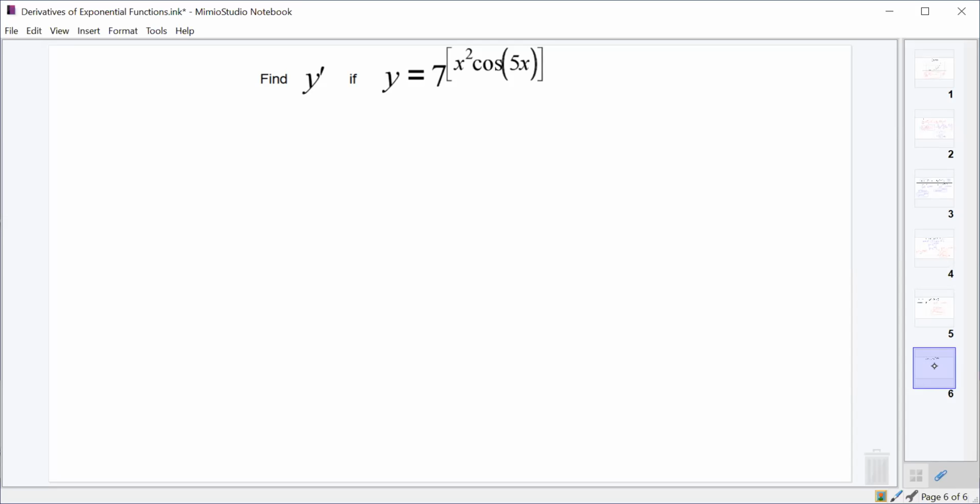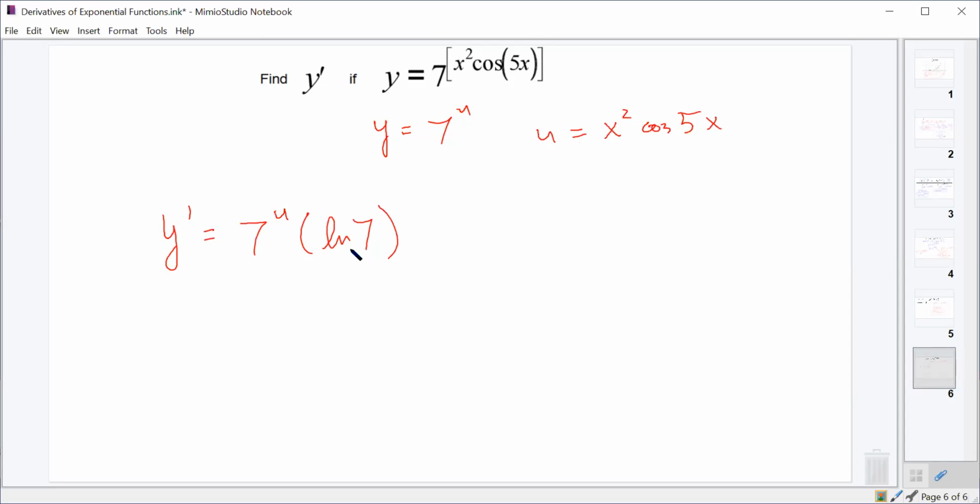How do we find the derivative of 7 to the x squared cosine 5x? Turn x squared cosine 5x to u. All right, so now the derivative of 7 to the u is 7 to the u times the natural log of 7.